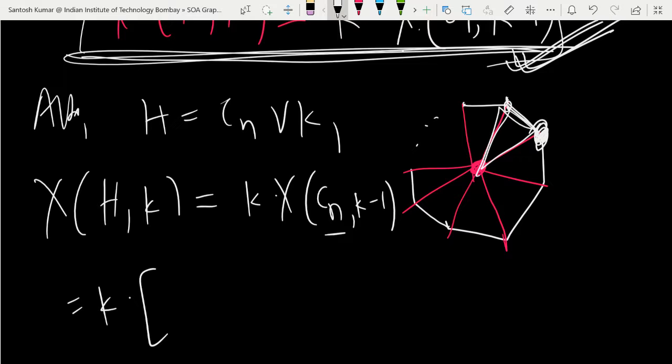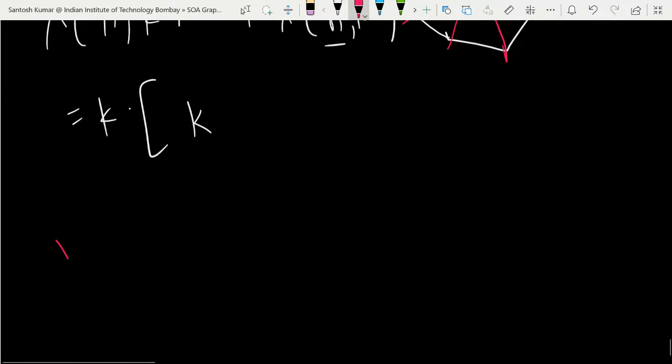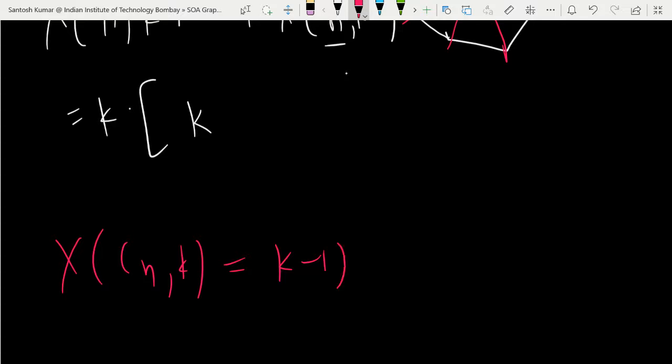So the formula we proved in the last class. So for Cn using K colors, it was like this. So let me write that. For Cn using K colors, it was K minus 1 raised to power n plus minus 1 raised to power n times K minus 1.